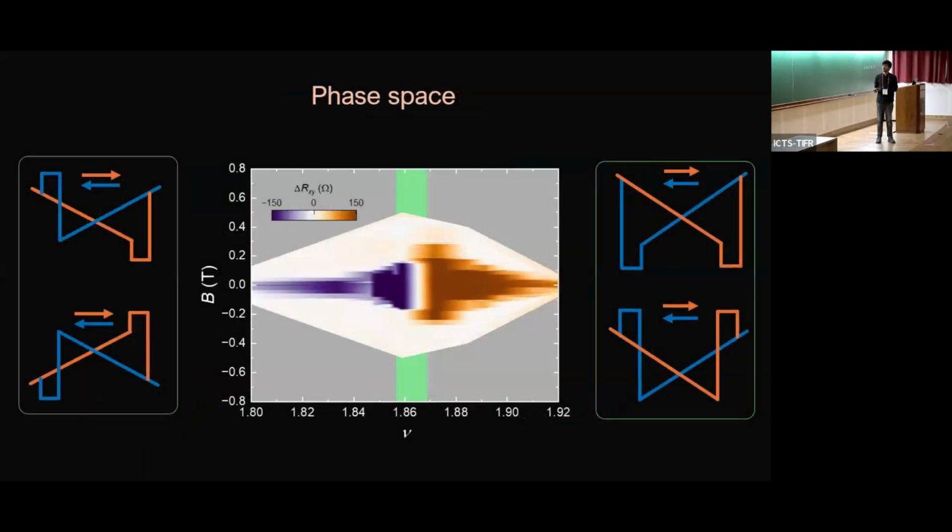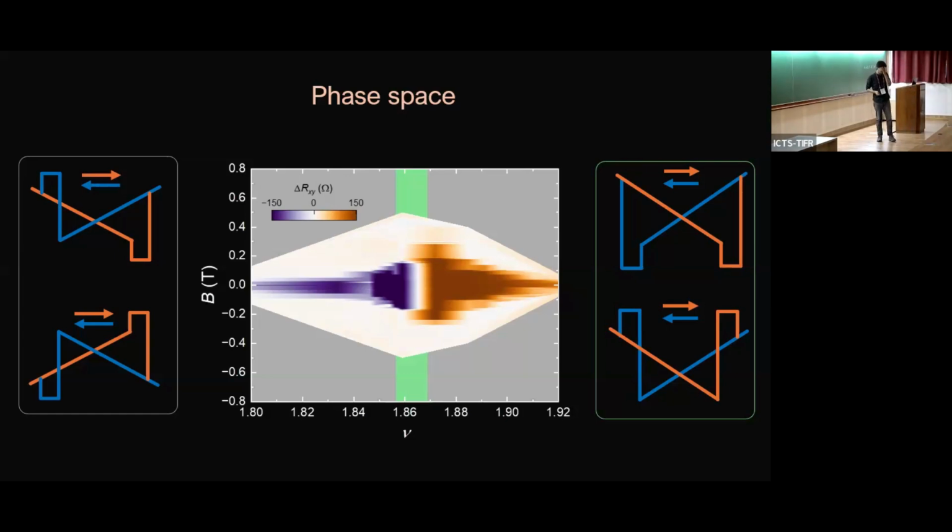And these features are not random. If I compare with the RXY data, the color plot, wherever we see a reversal in hysteresis, the MR shows butterfly-like transition, and away from that point, you see antisymmetric MR. Again, we don't know what's happening.